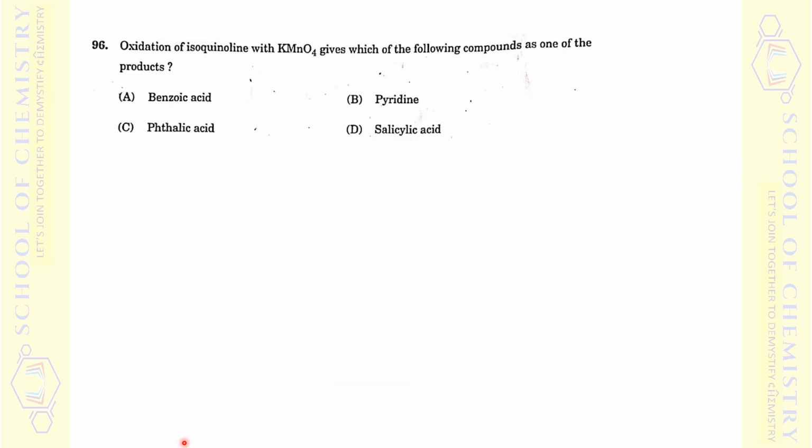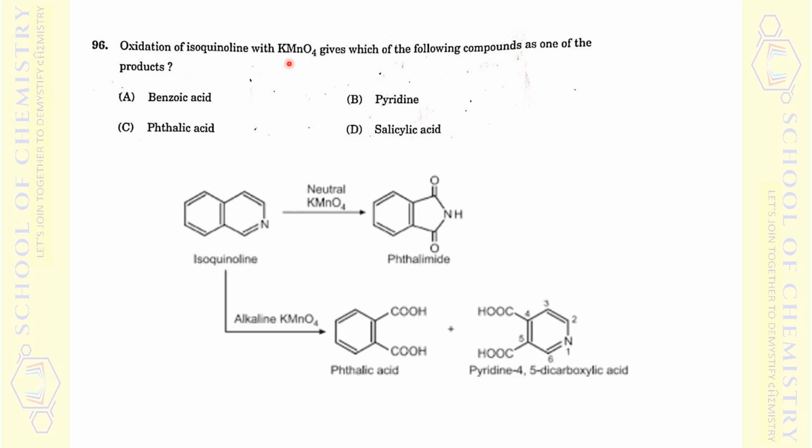Next one is also a simple one from heterocyclic chemistry. If isoquinoline is treated with KMnO4, what will be the product? Of course, they could have given that it is alkaline KMnO4, but okay, we can understand that it is alkaline KMnO4 itself, because the product will be different with neutral KMnO4.